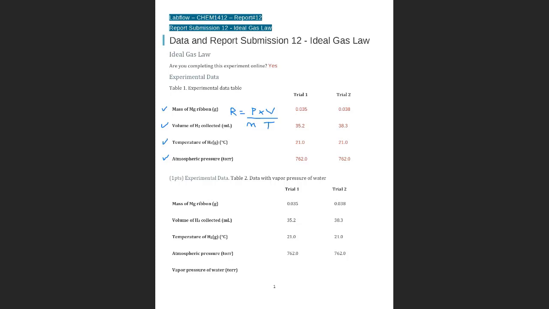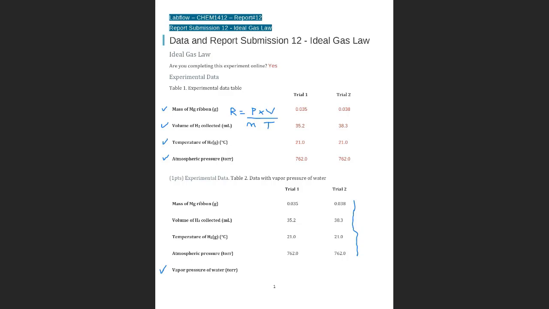So let's start by looking. Here is the same data. All this data is given, the same as the one that is in red. And the first thing that they are asking is the vapor pressure of water.